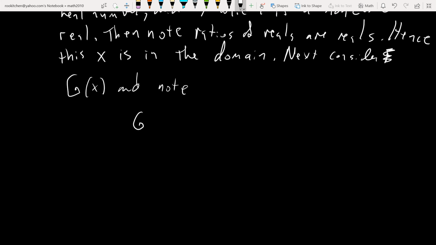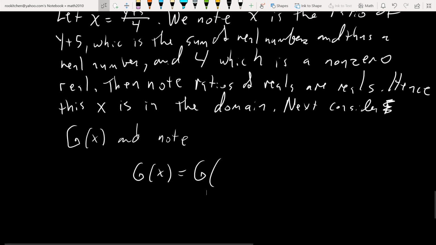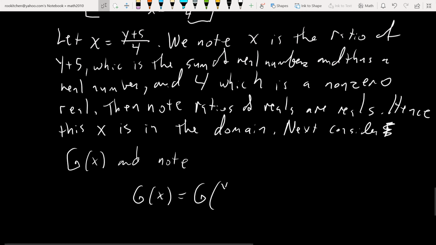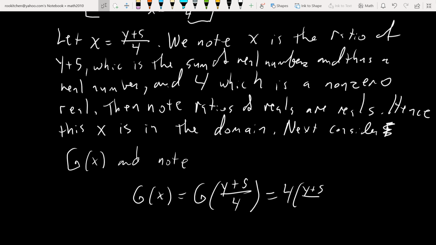So g of x is equal to g of y plus 5 over 4, which is equal to, then we use the definition, 4 times y plus 5 over 4 minus 5.